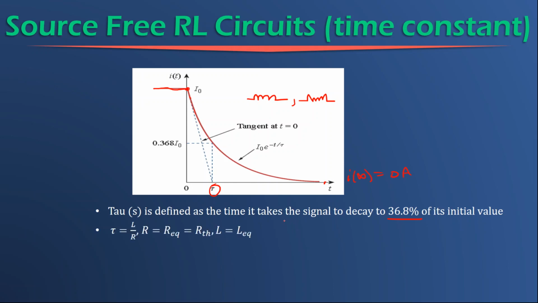In the case of an RL circuit, tau is given by L over R, where R equals R_TH, and L is the equivalent inductance. Then finally, your equation i(t) is given by I0, the initial current, e to the minus t over tau.